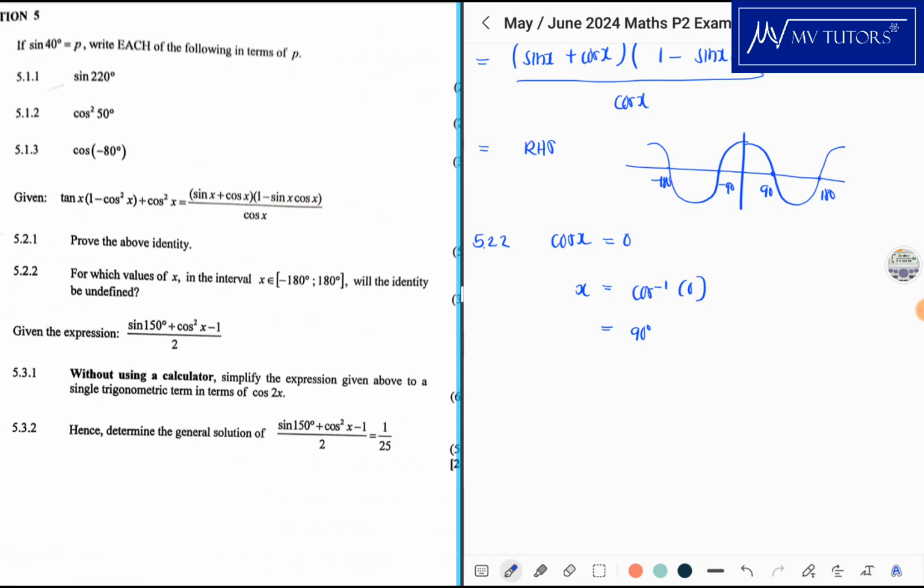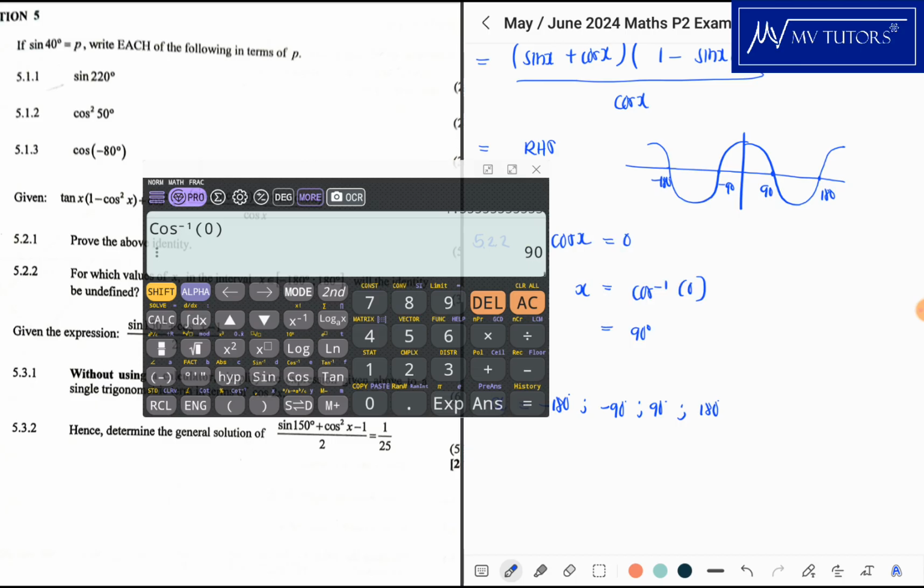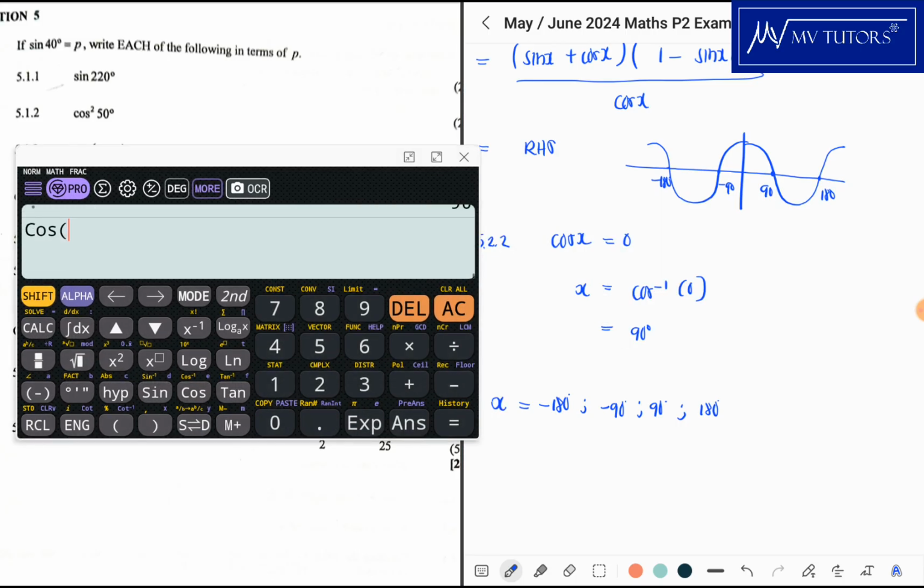So I would say that the values of x, if I were to summarize them in that interval, would be negative 180, negative 90, then you have 90, and then you have positive 180. Okay, those are the values where the identity will be undefined. And you can also check if you say cos 180.